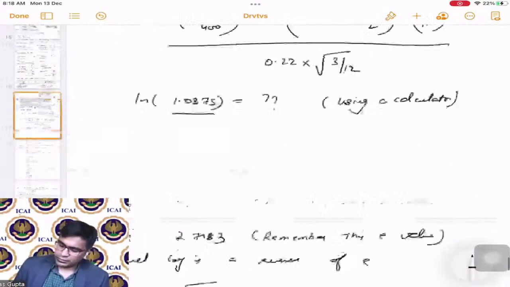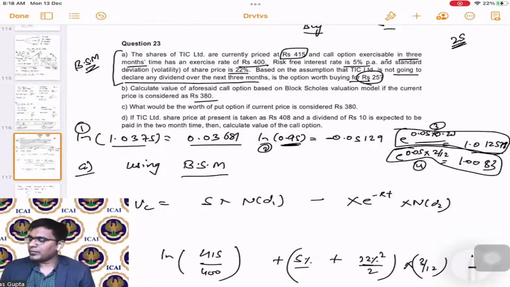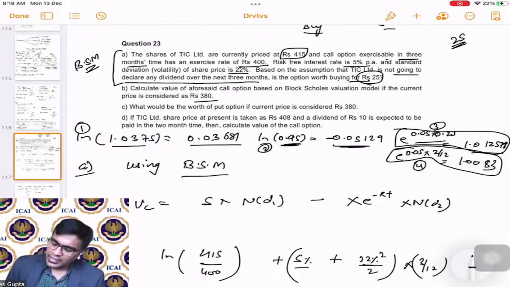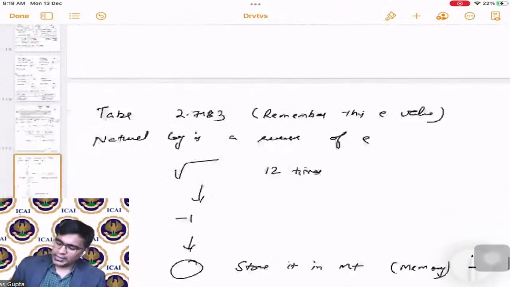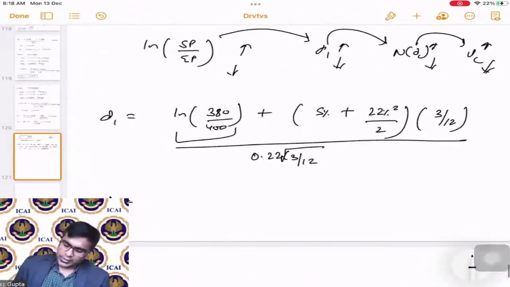Now, if we calculate all these things, log of 380 by 400 is actually 0.95, correct? If you do 380 divided by 400, this is equal to 0.95, whose log is minus 0.05129. So D1 is equal to minus 0.05129, correct?